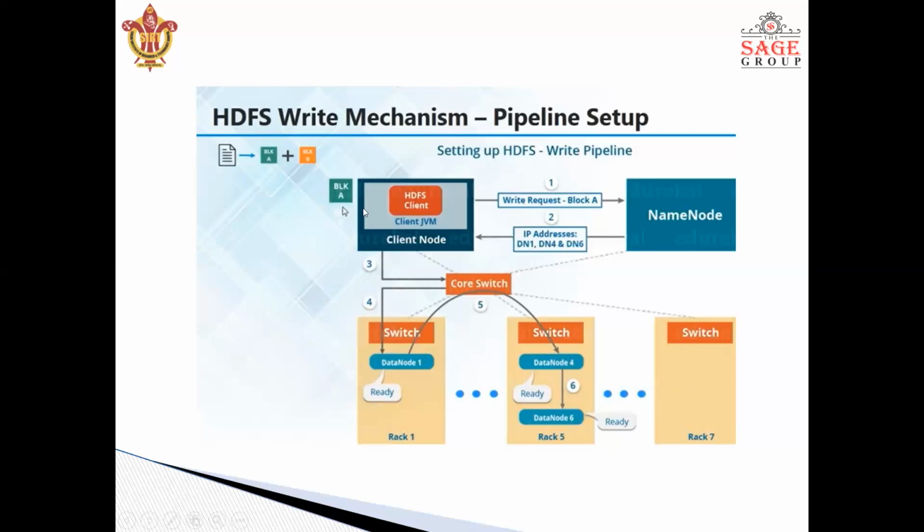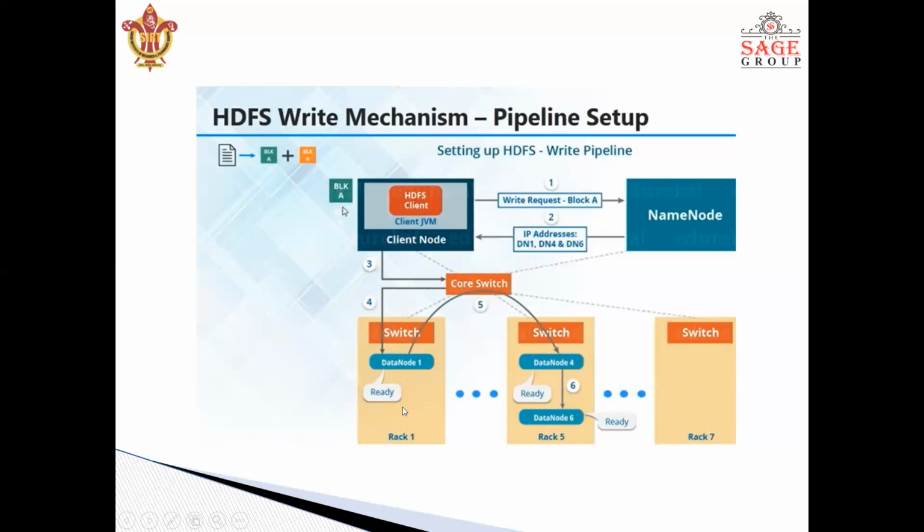The numbering here shows how the pipeline is set up by the write request of block A. From the client to the name node is point number 1. Now the name node provides the IP addresses of 3 data nodes in step number 2. Now the client goes through the core switch in the third step, and from the core switch in the fourth step it reaches data node number 1.